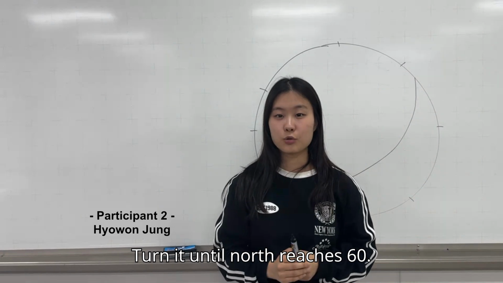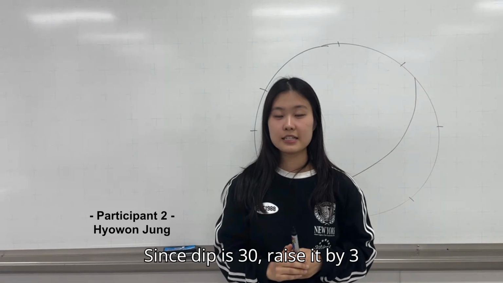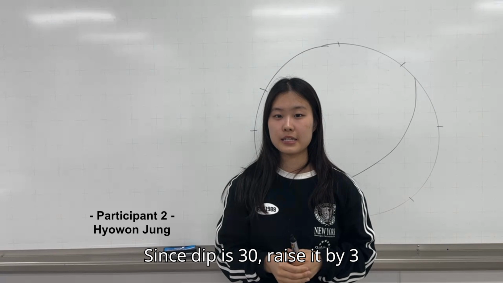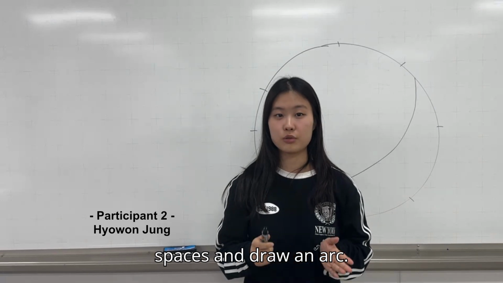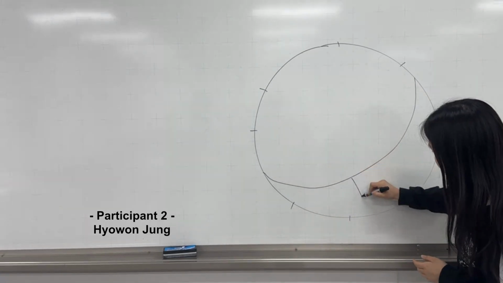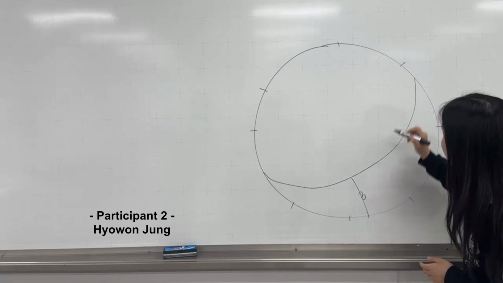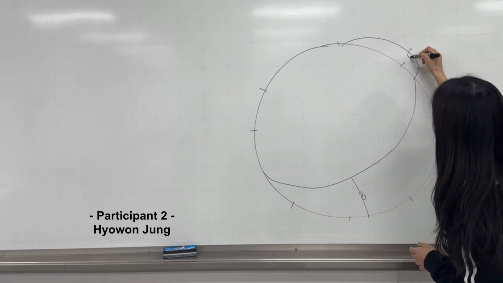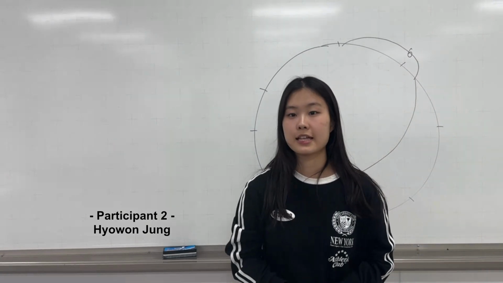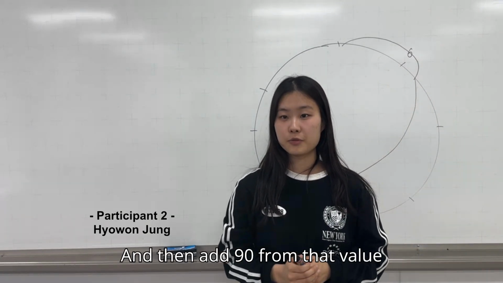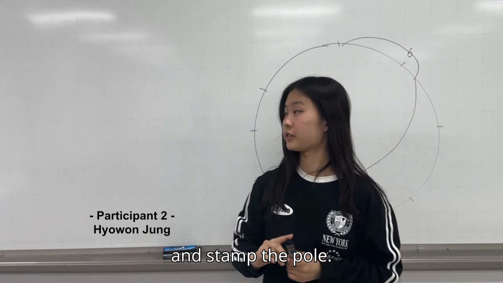Turn it until north reaches 60. Since dip is 30, raise it by 3 spaces and draw an arc. And then add 90 from that value and stamp the pole.